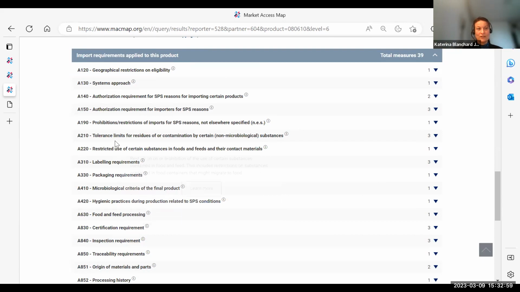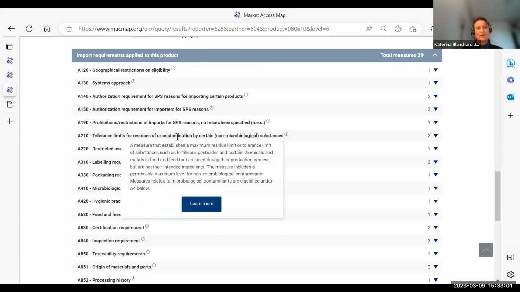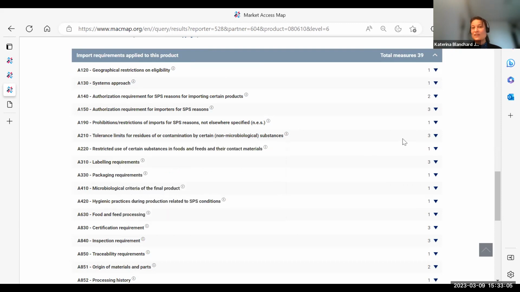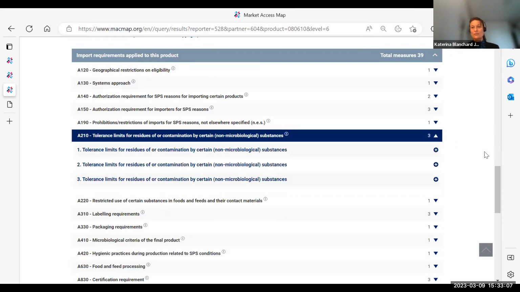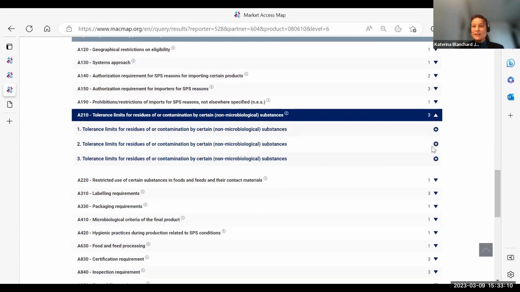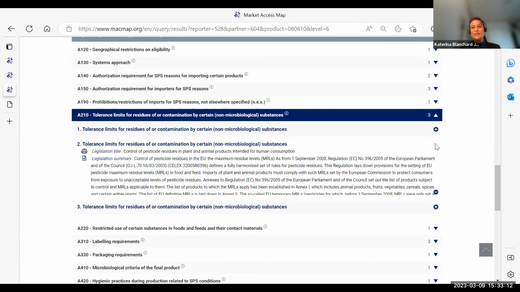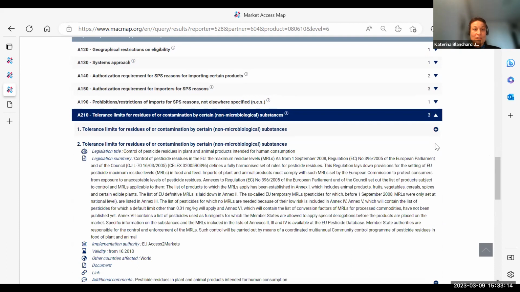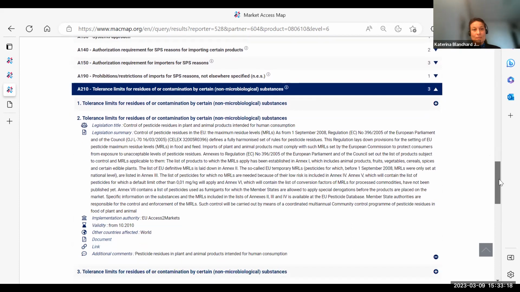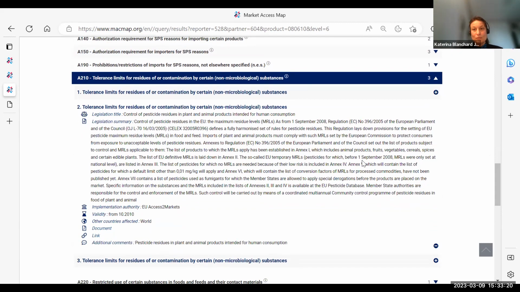So we can click, for example, on tolerance limit for residues of or decontamination by certain substances. We see that we have 3 measures here, and by clicking on those measures, I selected the one related to pesticide residues. We have the information about the applicable EU regulations, a brief description, the implementation authority, the validity.